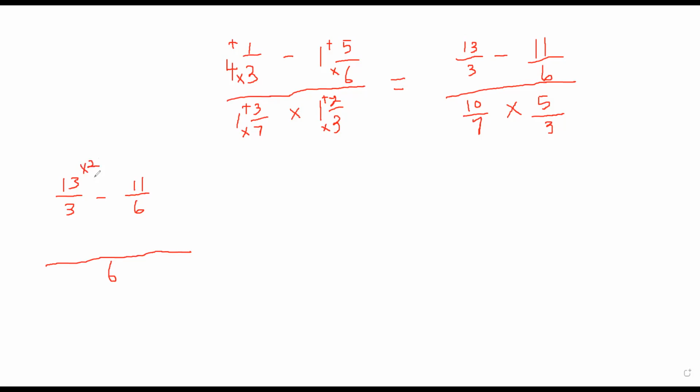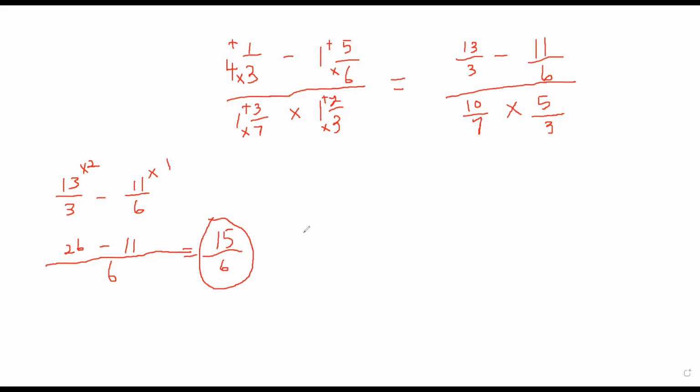So we say 2 times 13, it gives me 26. Subtract 6 into 6, right? Remember 6 into 6 is 1. And we say 1 times 11 is 11. Subtract it, and we get 15 upon 6. So we leave it like this. All right, this is our answer for the top.